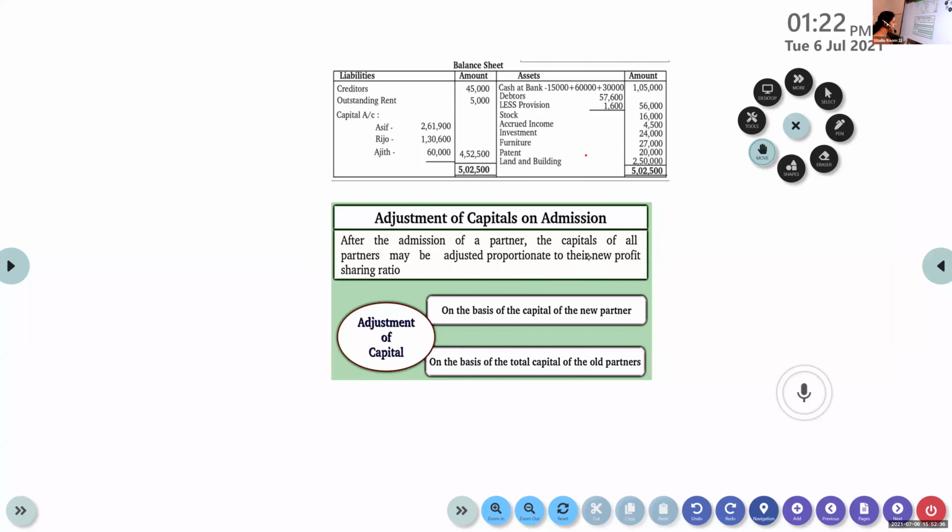And this adjustment is done on two bases: on the basis of capital of the new partner, and on the basis of total capital of old partners. We'll see the problem, then we'll understand.